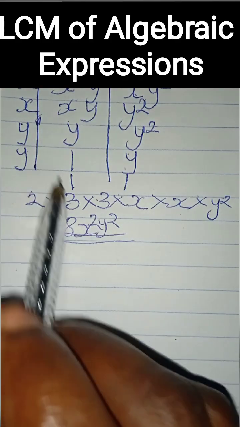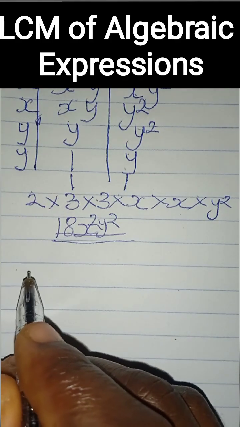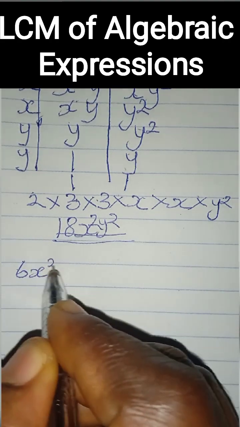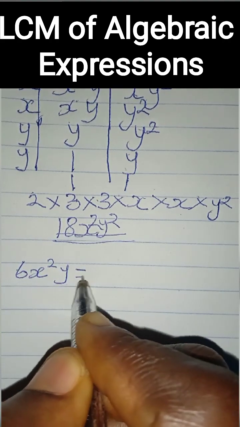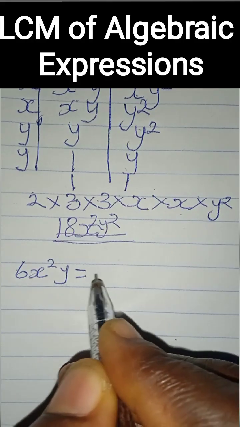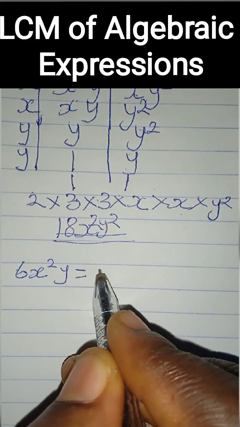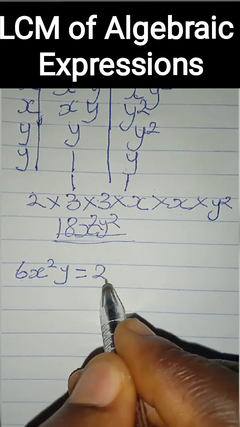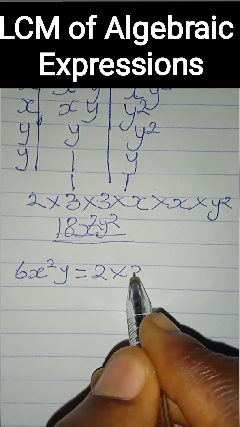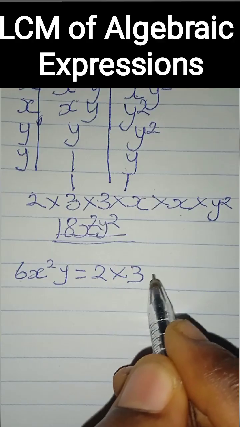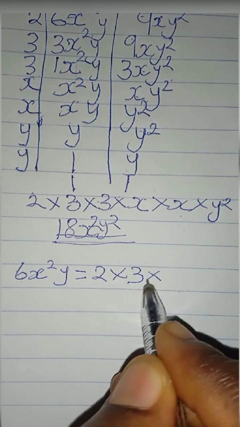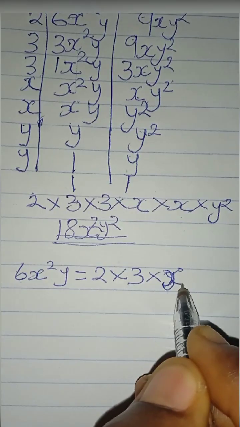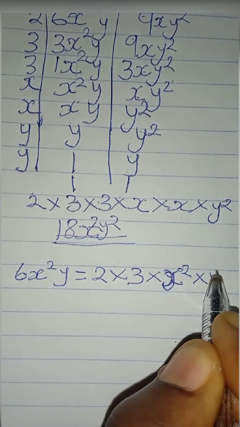So another way of solving this for 6x squared y. I'm going to express it as a product of its prime factors. We know that 6x squared y is 6, which is 2 times 3, times x squared times y.